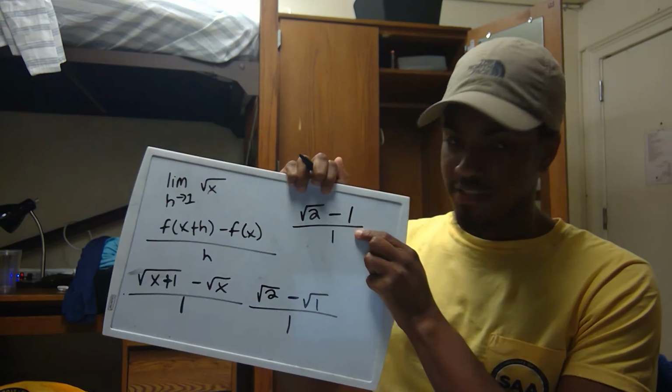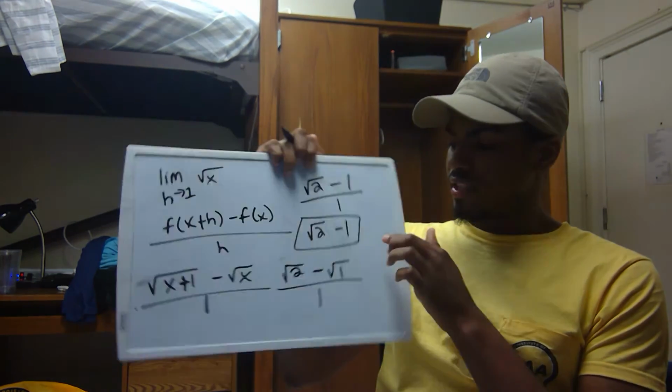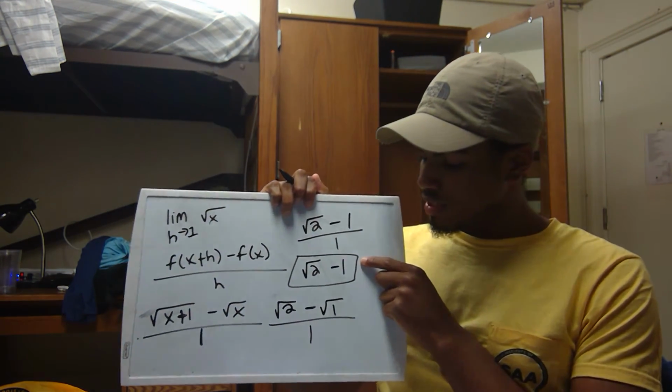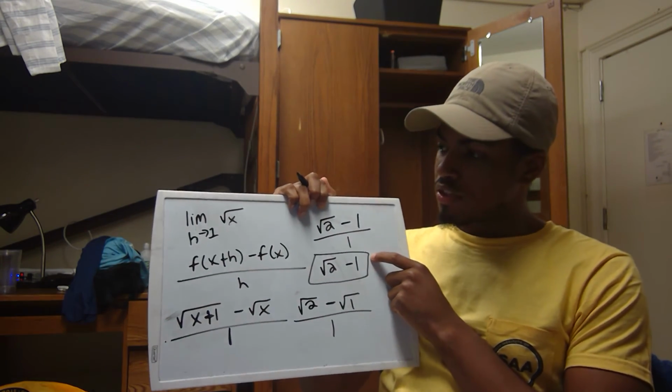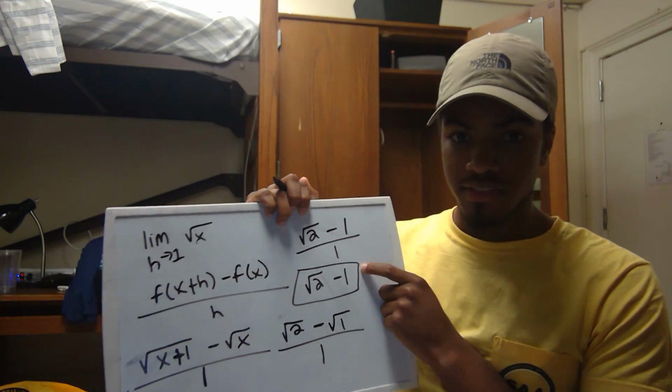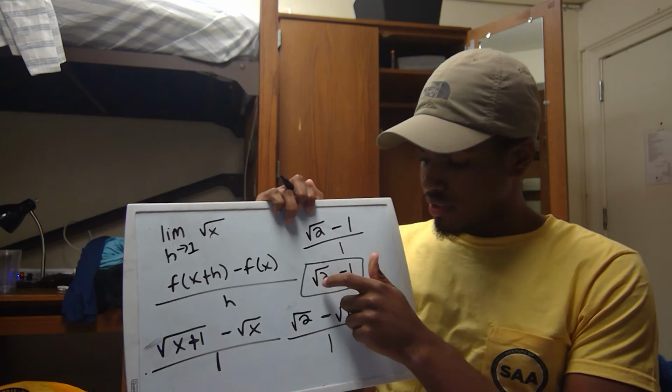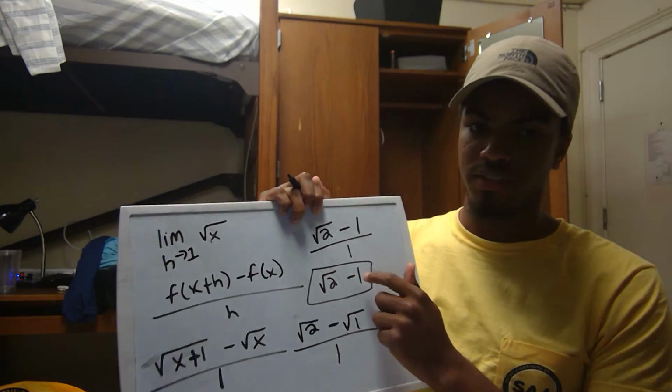So then we say the square root of 2 minus 1, the square root of 1 is 1, all over 1, as such, like this. And that can be simplified down even more to say the square root of 2 minus 1. And this is the answer. So the derivative of f of x is square root of 2 minus 1.